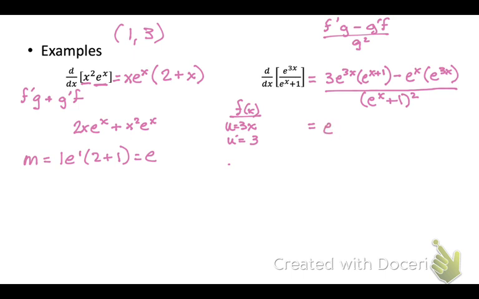So e to the 3x, and then I would have 3 times e to the x plus 1, minus e to the x, over e to the x plus 1 squared.